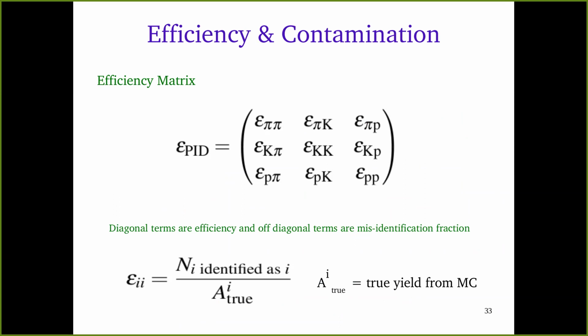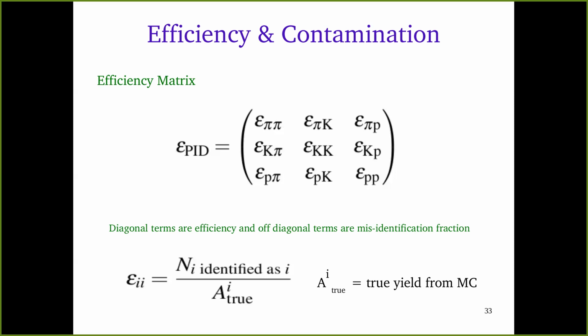For efficiency, the primary or elementary definition is, if you throw say 100 particles into a detector, how many of them you get back after passing through the detector. If you get back 90 particles, then the detector is 90% efficient. This is a very simple and trivial definition of efficiency.